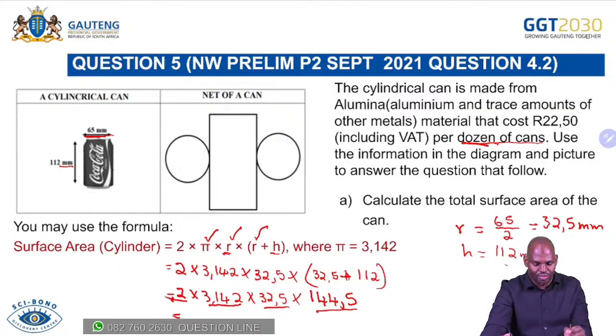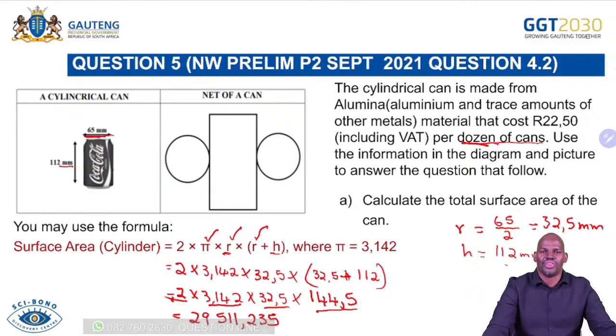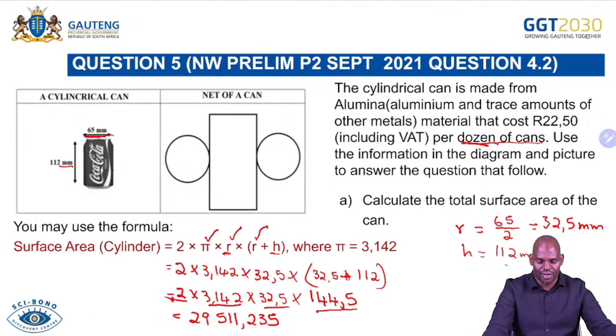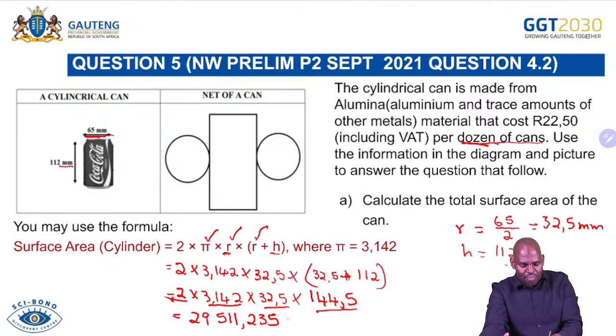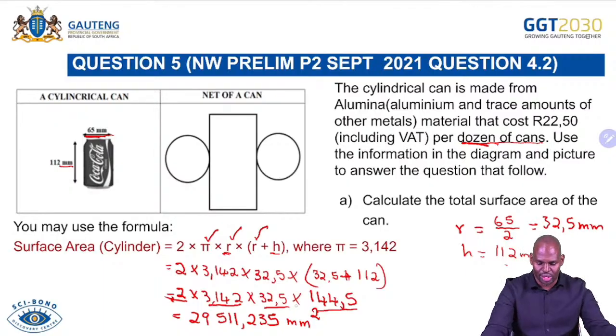I get a very big number, 29,511.235. Remember our unit? What will be our unit in this case? Our unit will be millimeter squared. The surface area must have a squared unit, so it's millimeter squared. So far so good. So that is the answer for question 5A.